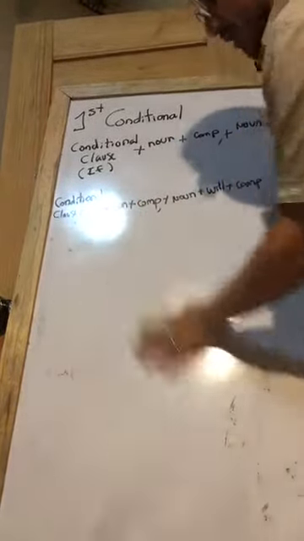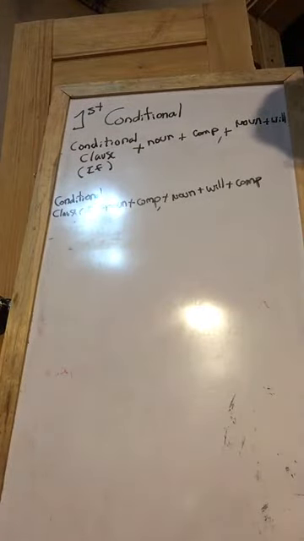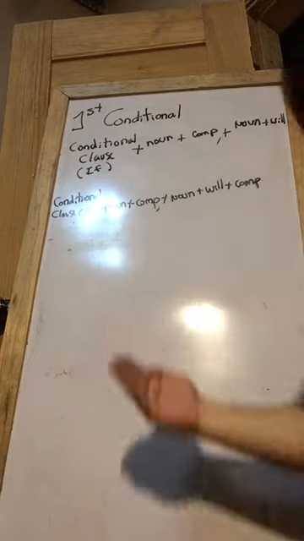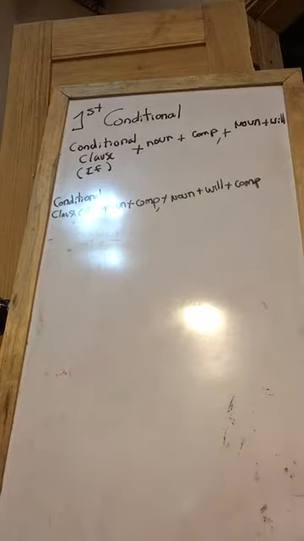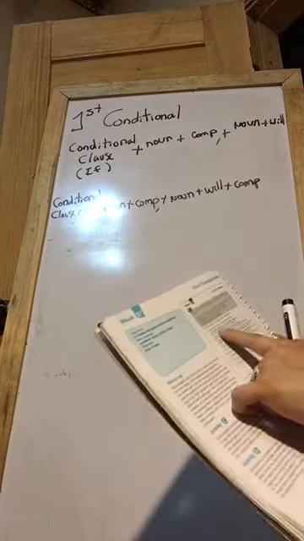So let's go review a little of what we were saying before. We were talking about the different ways that you can make a conditional, the first conditional clause, and we said that using this formula that we copied before, we can make a sentence, and we are going to continue using the first sentence that we had in the example of the first conditional in here.